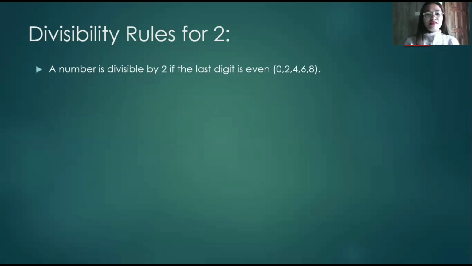A number is divisible by 2 if the last digit is even. Take note of this, class. If we say even, in Bisaya, pares. The divisibility rule for 2 states that a number is divisible by 2 if the last digit is even.